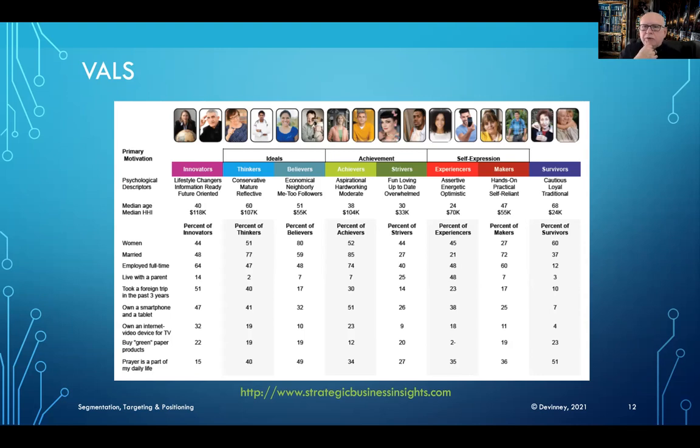Okay, so you might say, well, could I create a values model based upon posteriori kind of things? And the answer is I could. And the way I could do it is, instead of surveying these people to create these segments, yeah, I could ask them, is prayer part of my daily life? But I could put them in experiments, or I could look at other sets of circumstances.